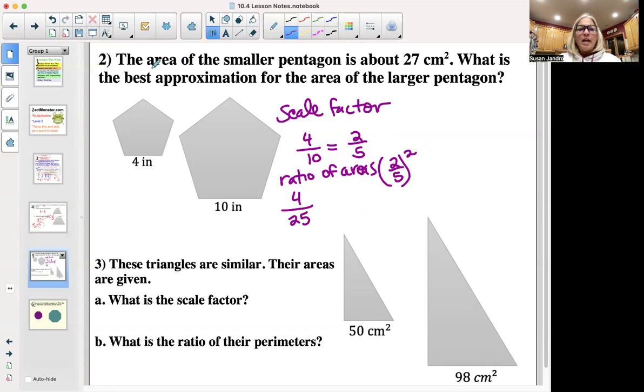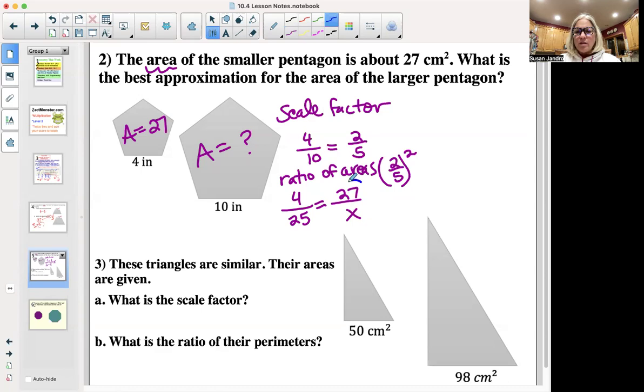Then we go back and the problem says the area of this smaller pentagon is 27, and they want to know what the area of this bigger pentagon is. So 4 is to 25 as 27 is to x, and we need to find the bigger area.